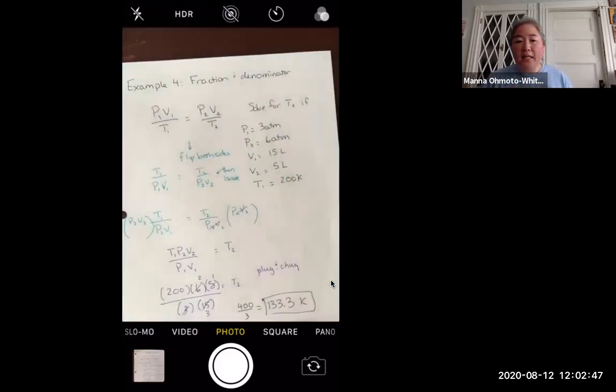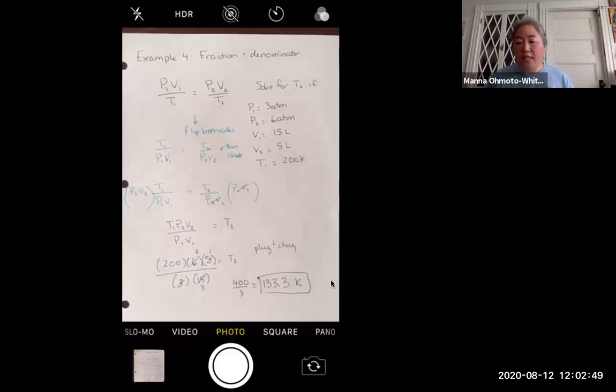And then finally, I have an example in which I have a fraction, but the variable that I'm looking for is in the denominator. So P1 times V1 over T1 is equal to P2 times V2 over T2, and I'm trying to solve for T2 if these are the variables and these are the known quantities that I have. So T2, you'll notice, is in the denominator.